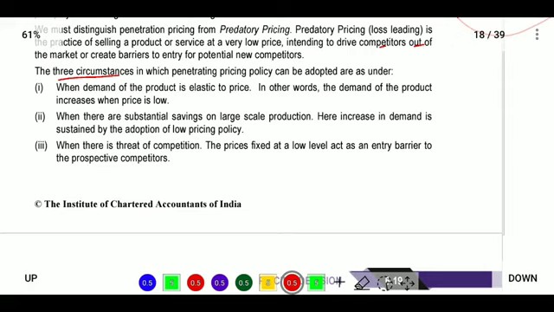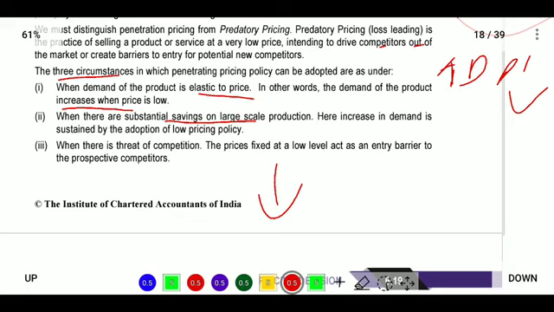One, when demand for the product is elastic to price. In other words, demand for the product increases when the price is low. Normal case. Next, where there are substantial savings on large scale production, the increase in demand is sustained by adoption of a low pricing policy.